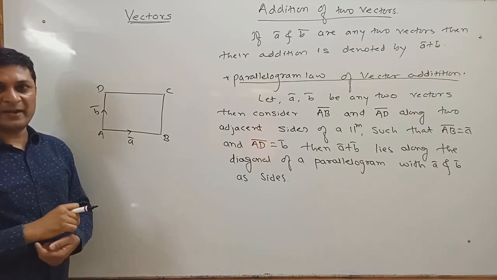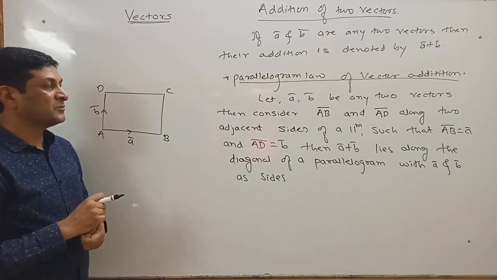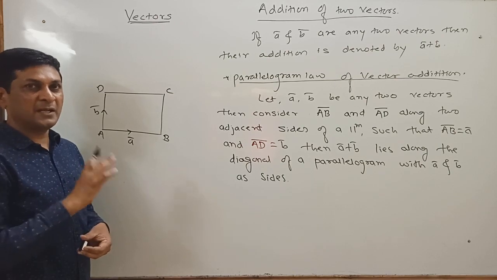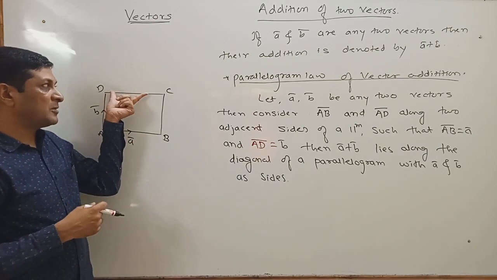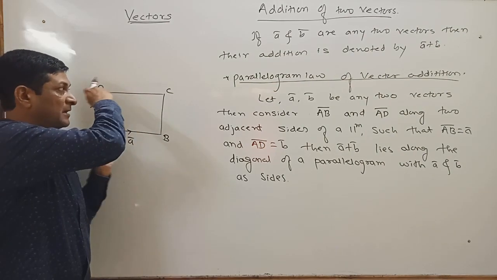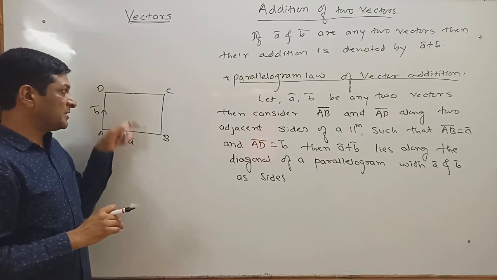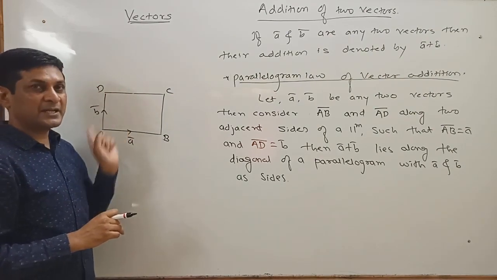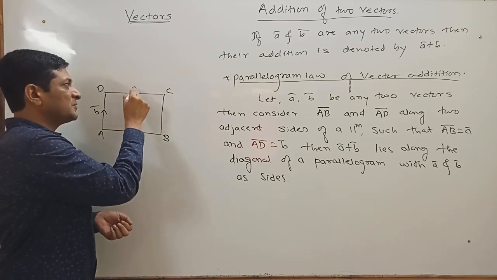At that time, while finding the addition of A bar and B bar, we make use of the triangle law of vector addition. Already we know that opposite sides of a parallelogram are equal, means magnitudes are equal, and they are parallel to each other, means directions are also the same. Since these two vectors have equal magnitude and the same direction, these two vectors are equal vectors. That's why we are able to denote this vector by A bar.